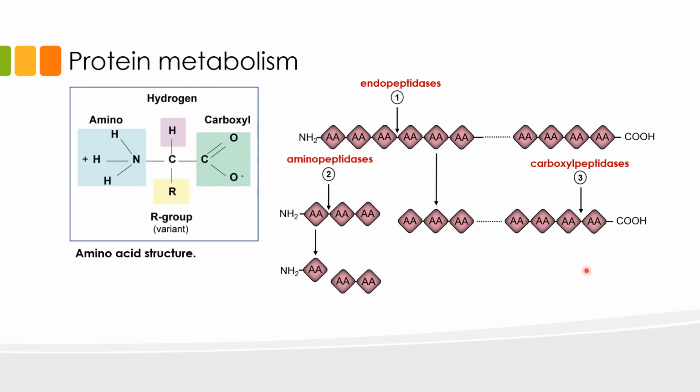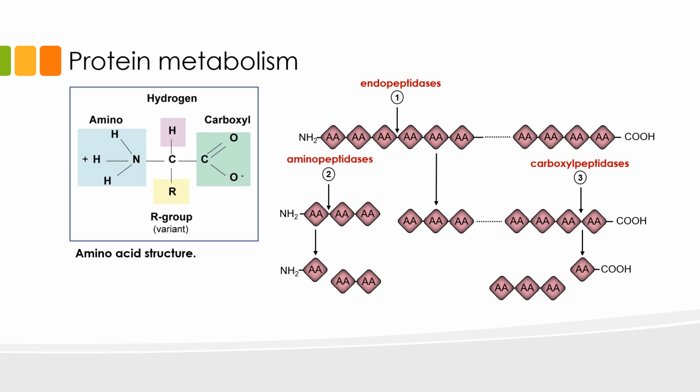And this structure here is very similar to this end that's attached to our amino acid chain. This is our carboxyl group, and this is where the carboxyl peptidase will start cutting. The products of carboxyl peptidase digestion are an amino acid and a shorter chain amino acid.